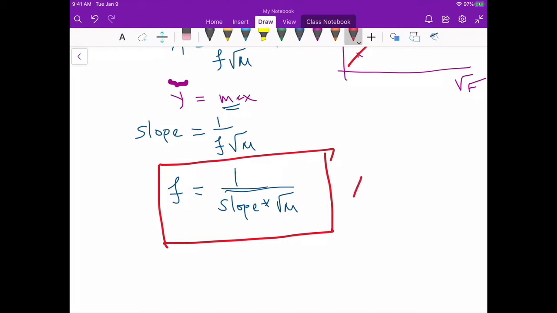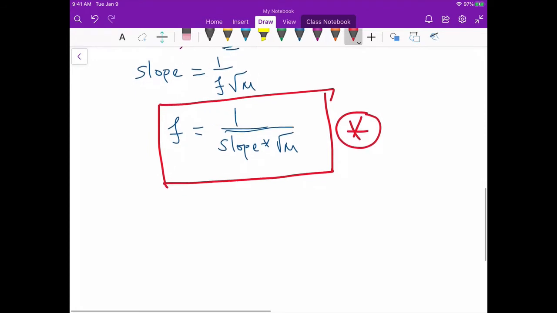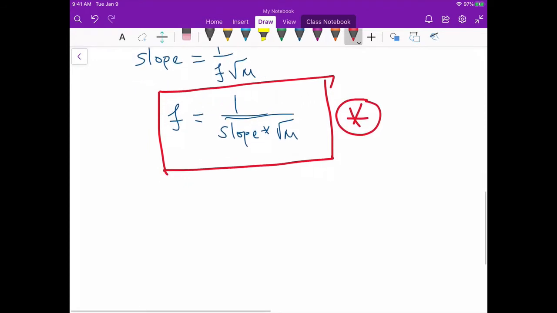This is the main formula for finding the frequency from the experiment. Then, since there is a real value of f, you have f experiment, and you will find the percent error.